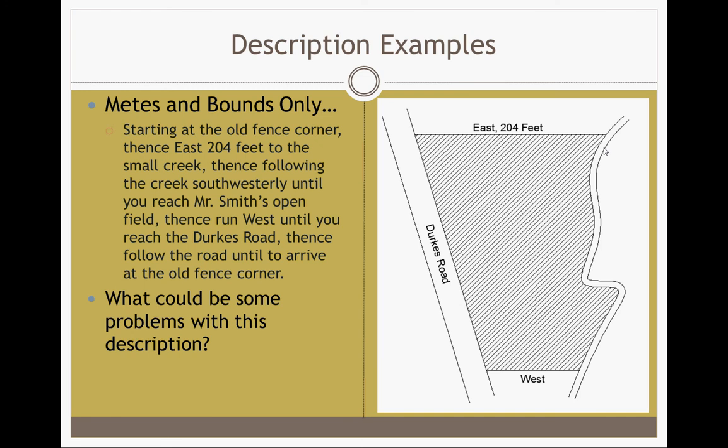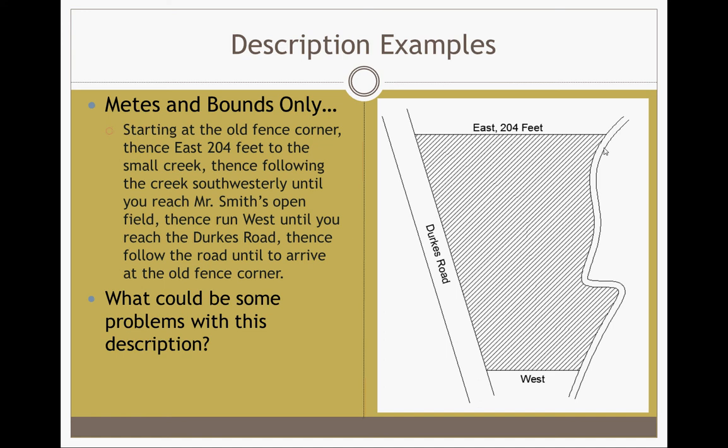But by the same token, if we used metes and bounds only, it can be even more confusing. Read this. Starting at the old fence corner, which, yeah, we all know where that is, thence east 204 feet to the small creek, thence following the creek southwesterly until you reach Mr. Smith's open field.